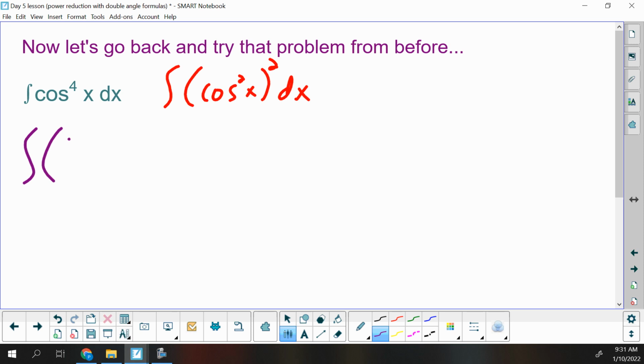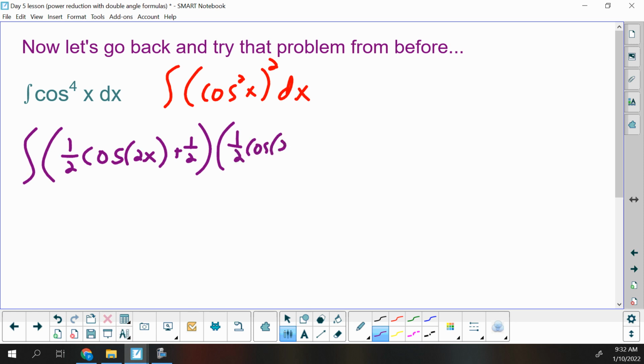Cos, remember, had the positive 1/2 in front of the cos 2x. So we'll have a half cos 2x plus 1/2. And because it's squared, we'd have to write it again: 1/2 cos 2x plus 1/2, and then our dx. So that's really cos squared times cos squared.